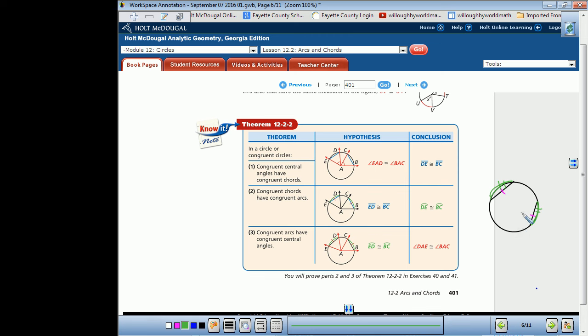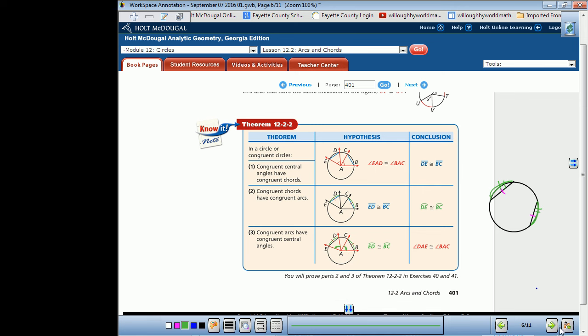Correct, if it's the same circle, or congruent circles. The last one, congruent arcs have congruent central angles. So if they tell us this arc is congruent to this arc, then this angle would have to be congruent to that angle. Okay?